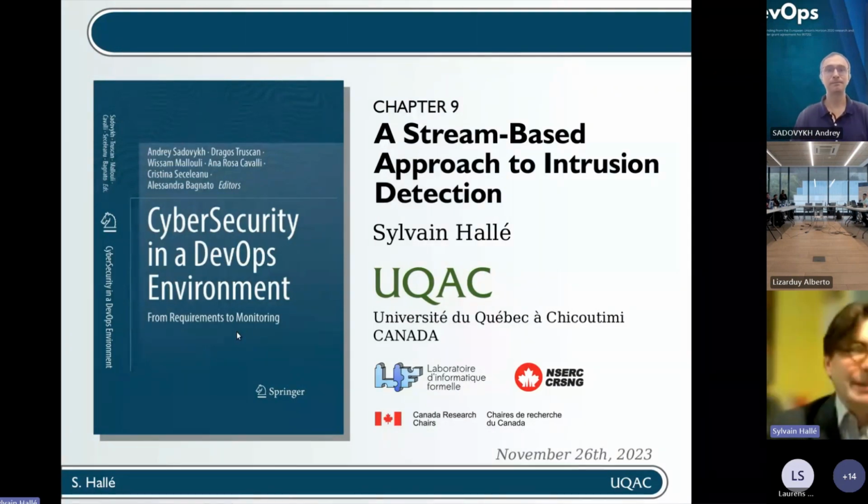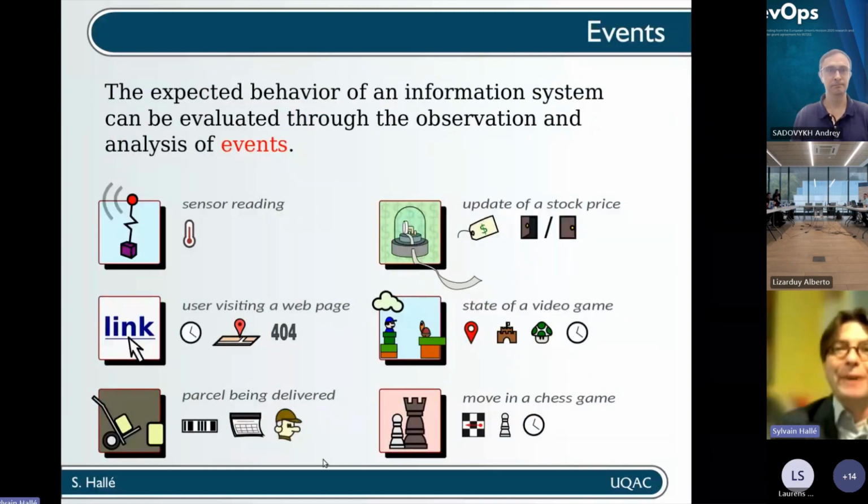The title of this chapter is A Stream-Based Approach to Intrusion Detection. I'll start by saying something that we all already know now. When you have a system, you can observe its behavior and record what the system is doing, whatever system we're talking about, through a log of events. The events, depending on the system, can represent many different things.